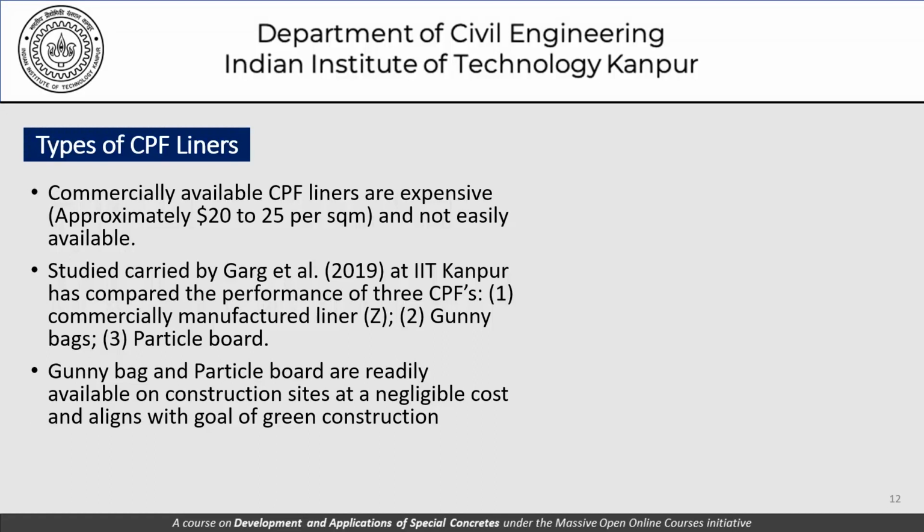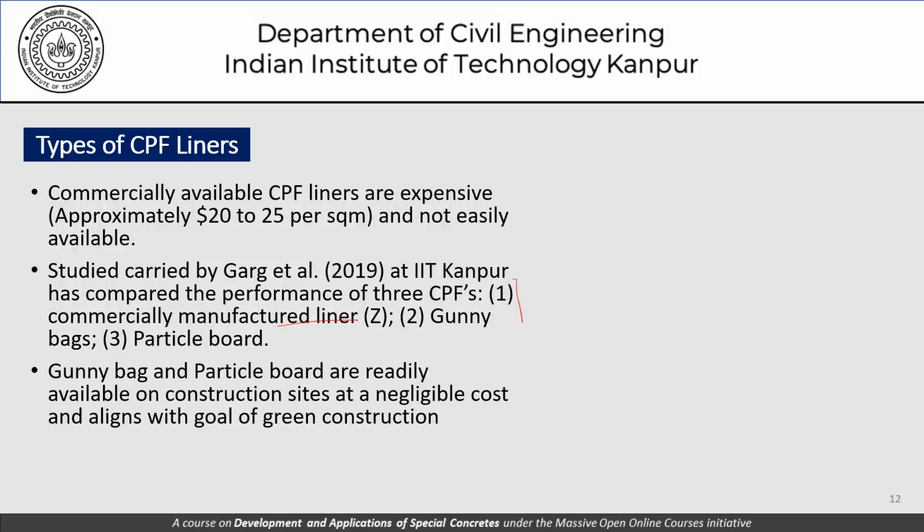As far as the typical CPF liners are concerned, commercially available CPF liners are expensive and not easily available. More than availability, it's a matter of awareness that people may not use it most of the time. We carried out some studies at IIT Kanpur, and I thought I'll share the results from there with you. We used a commercially manufactured liner called Z, a gunny bag, and particle boards.